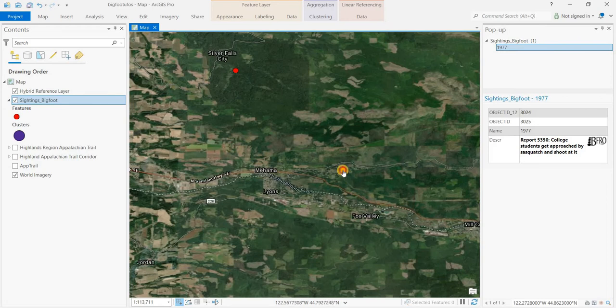So just north of Fox Valley, July 2002, vocalizations heard by campers in Taylor Park over by Silver Falls City. Mid-70s, family encounters upright creature while camping at Silver Falls.